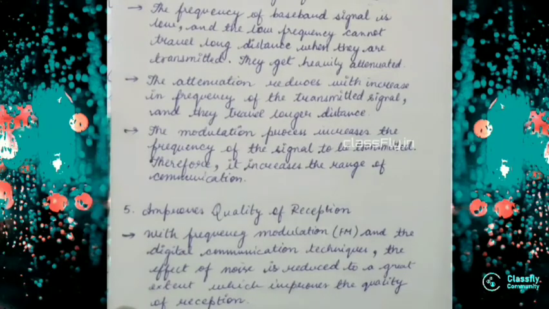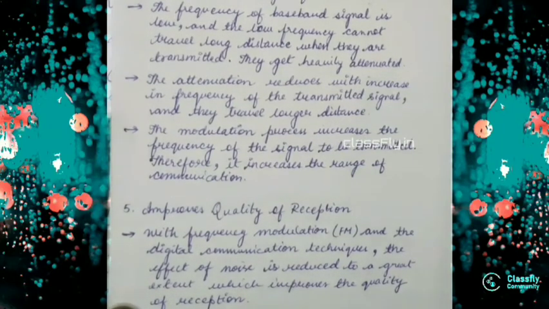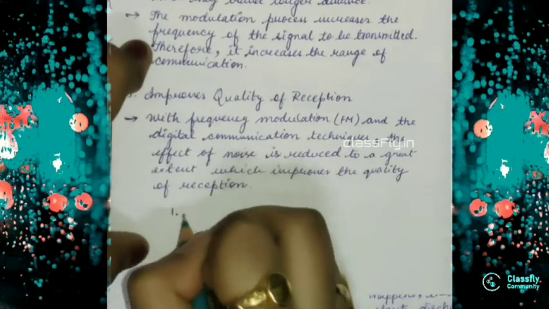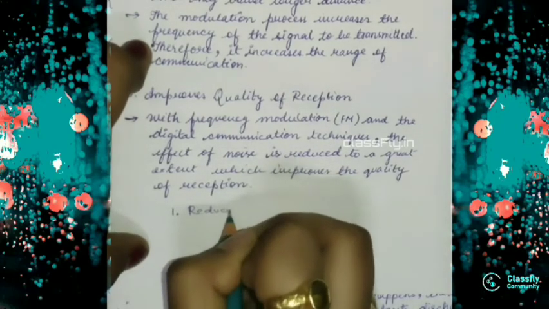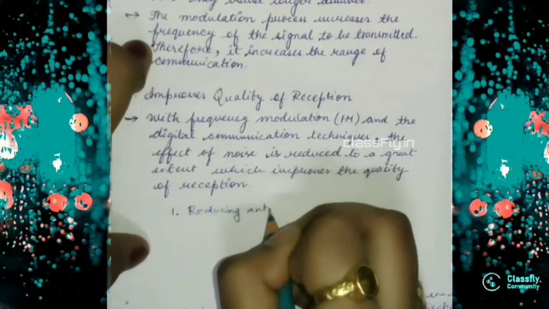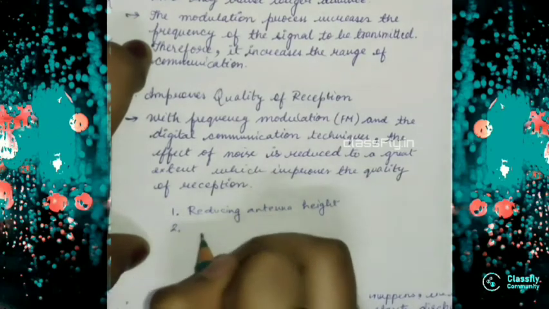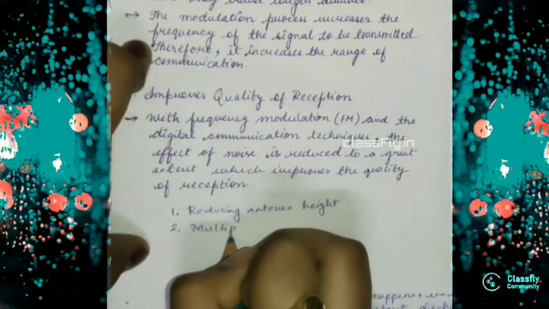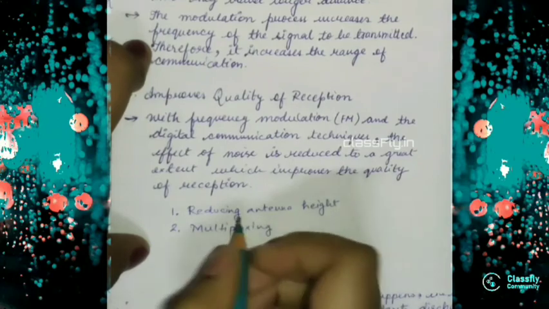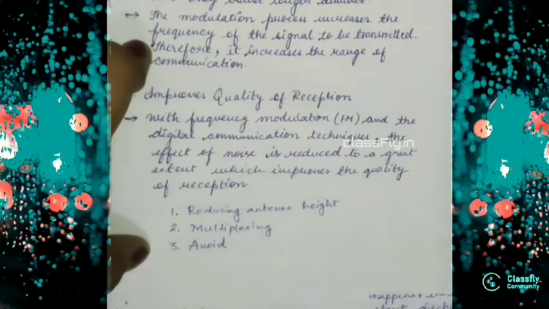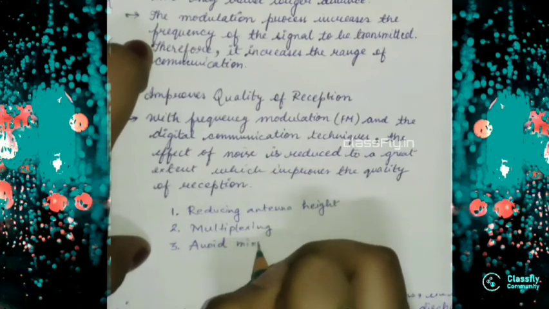So these 5 points are the necessity for modulation. First point was reducing antenna height. Second was multiplexing. Third was avoid mixing of signals.